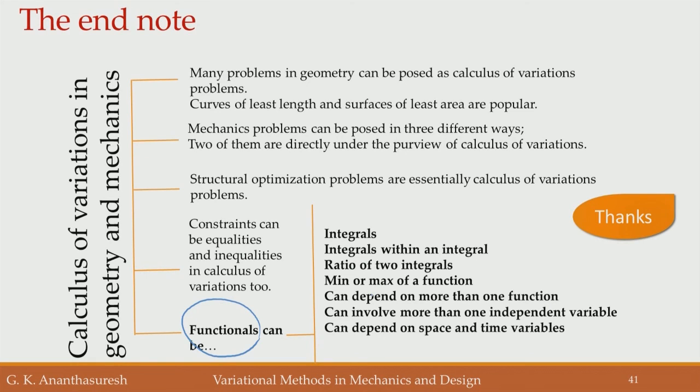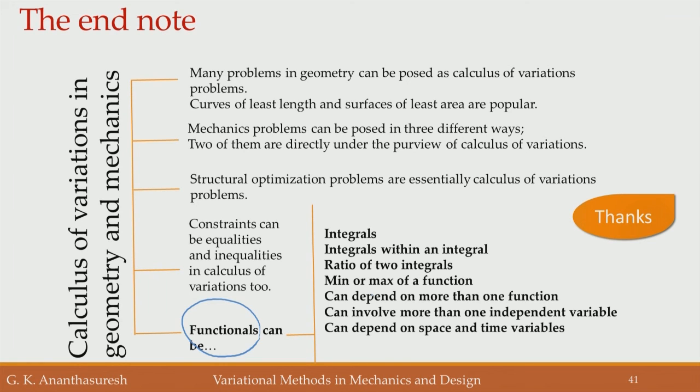Now, to summarize this lecture, we have considered a number of problems both in geometry as well as in mechanics, and formulated them based on what needs to be minimized and what needs to be maximized instead of minimized, in which case we put a negative sign. And then we also looked at constraints, they can be in a differential equation form, or in integral form, or just at one point. Okay. And again the nature of the functional, there are a number of ways: just an integral or integrals, a ratio of two integrals which you did not see today, a min or max function, and it can depend on one function or more than one function.